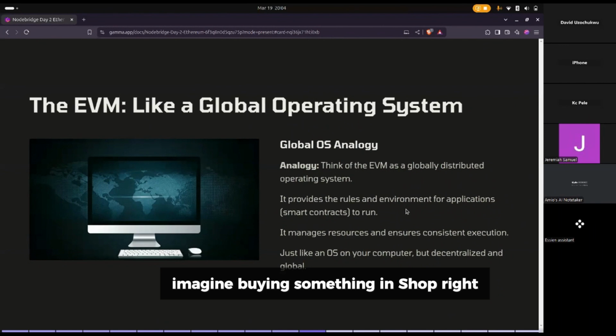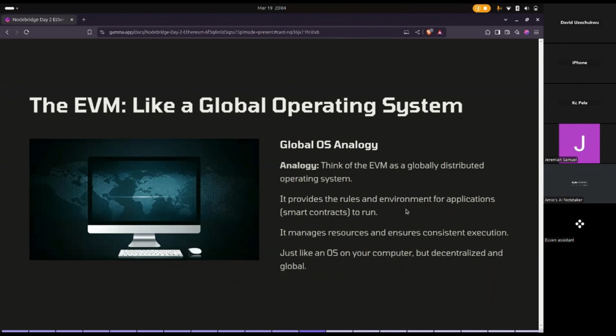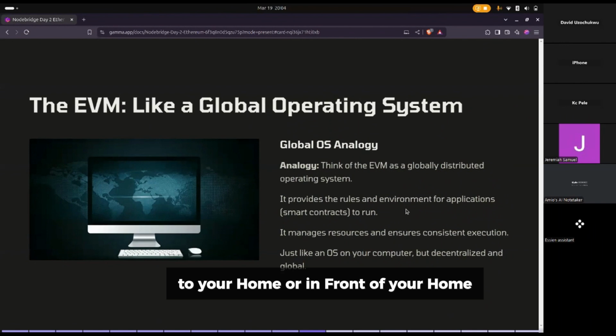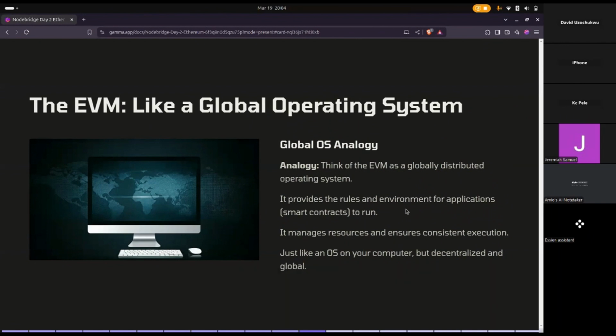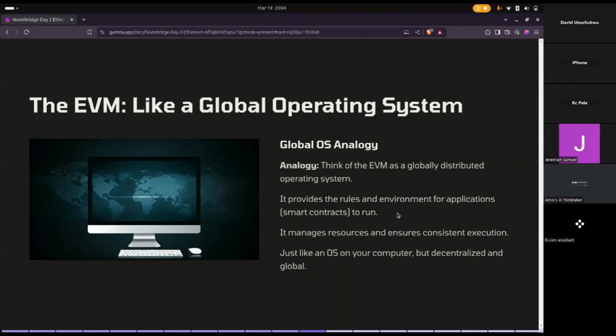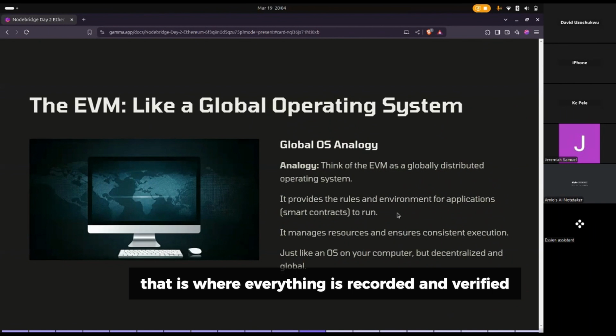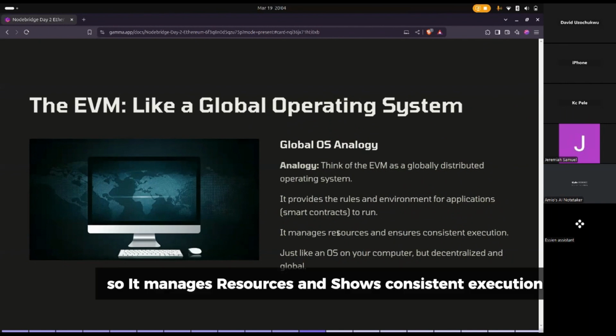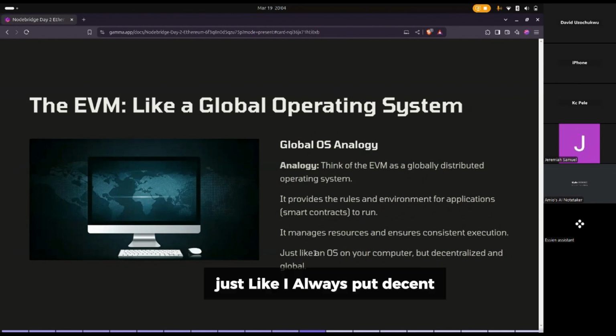Imagine buying something in ShopRite and then you get to write what you bought on your way to your home or in front of your home. It doesn't make sense. So this is how it works. Where you do it, that is where everything is recorded and verified. So it manages resources, ensures consistent execution, just like an OS on your computer, but decentralized.